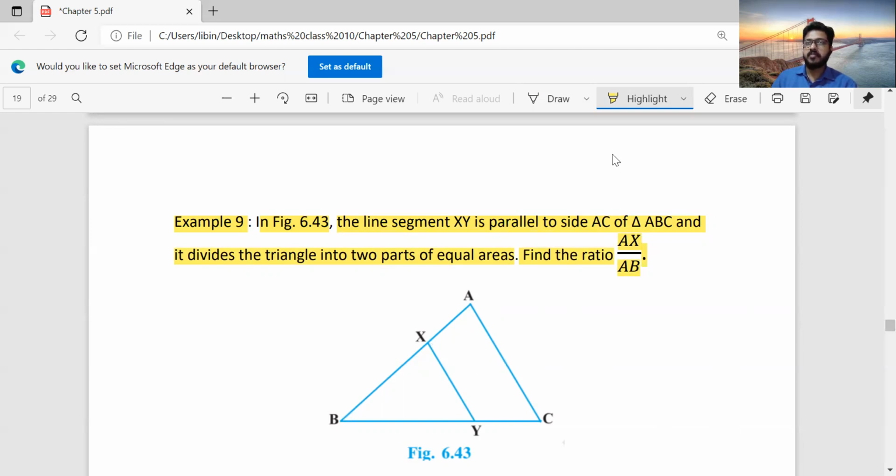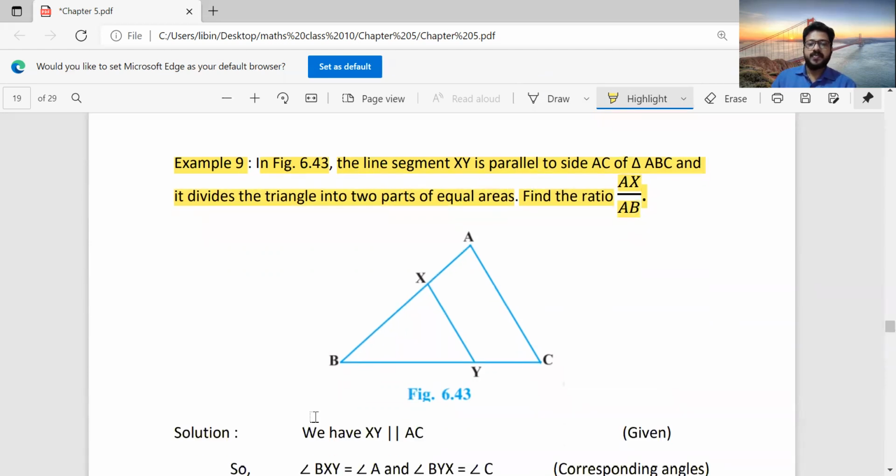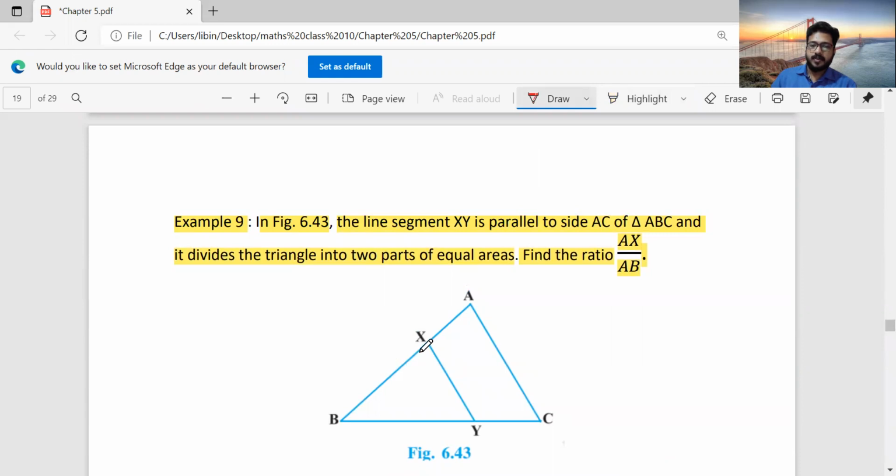Okay, so we can make use of the previous theorem. How can we make use of that previous theorem? Let us see. We are given that XY is parallel to AC. So I am asking you, are these two angles equal? Of course they are equal. Why are they equal? Corresponding angles.